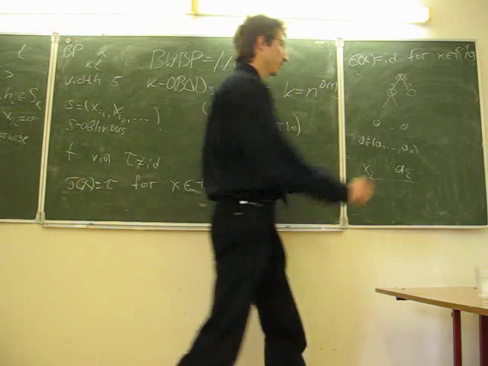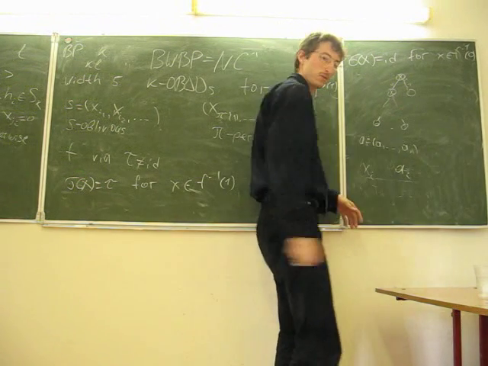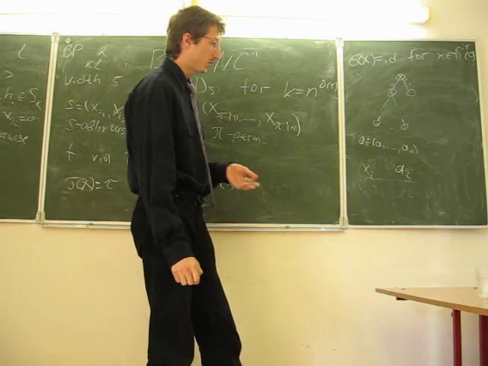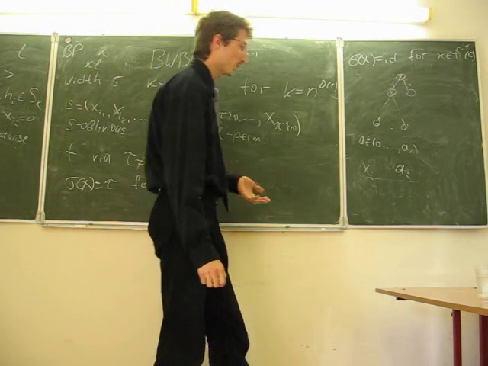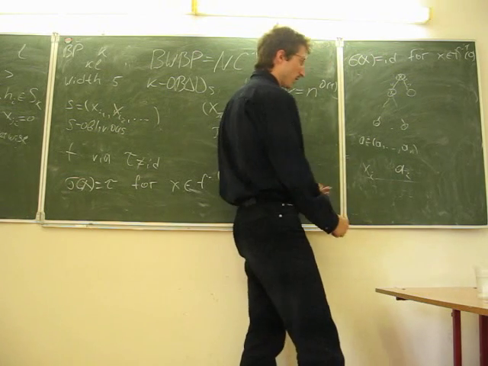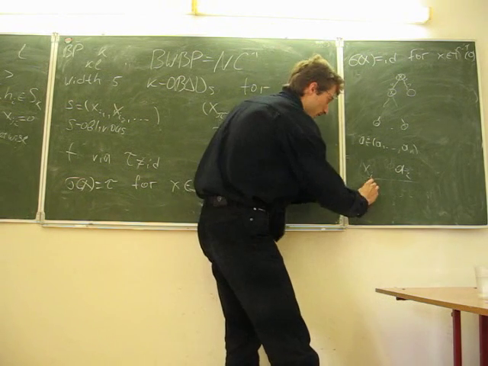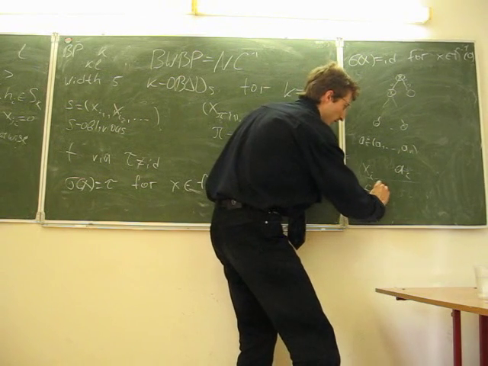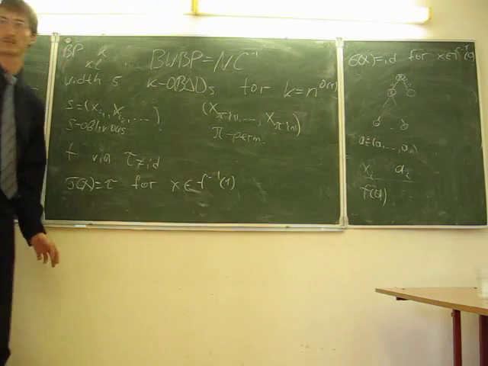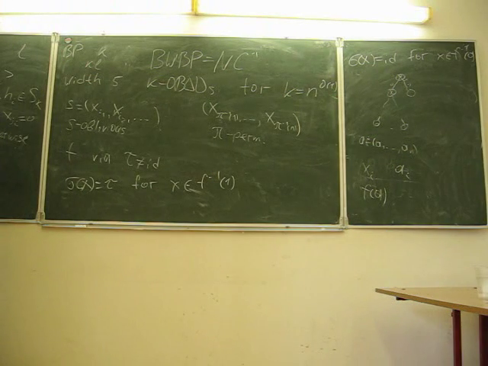And the computation finishes when we reach the sink node. So we say that the branching program computes a Boolean function f if for any such input the computation starting at the source node ends at the sink labeled f of a. That's it.